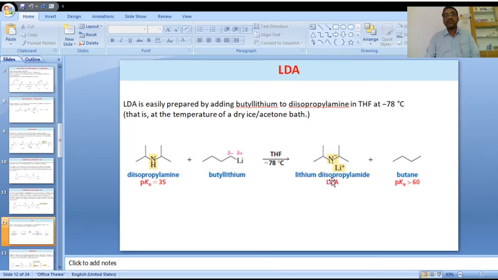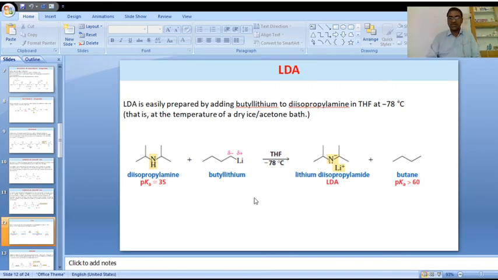This is the catalyst lithium diisopropyl amide, LDA, and this is the byproduct, normal butane chain. Normal butane is also obtained in this reaction as a byproduct.